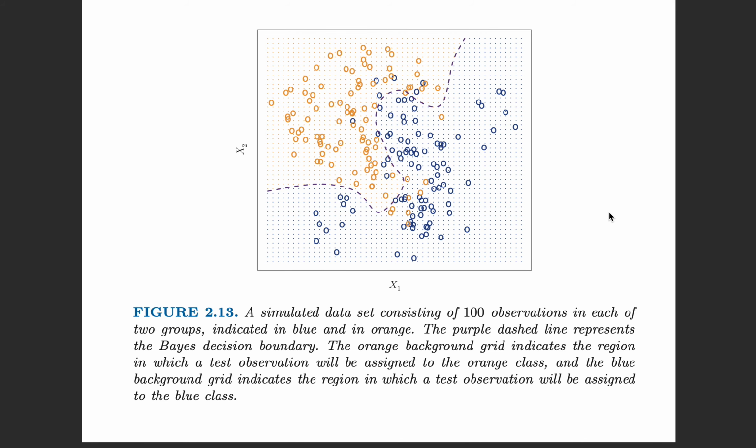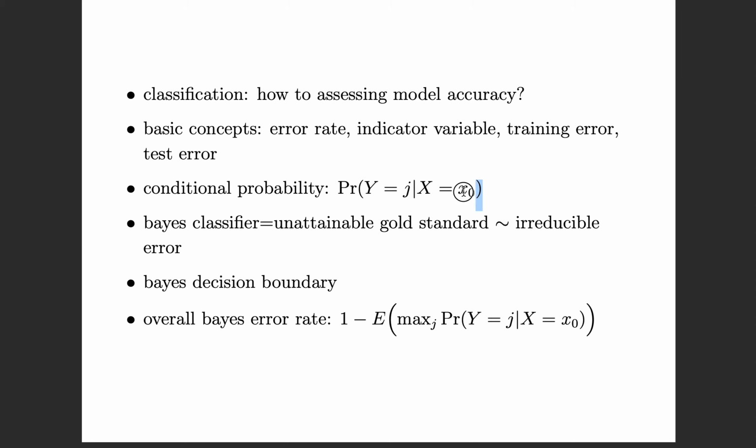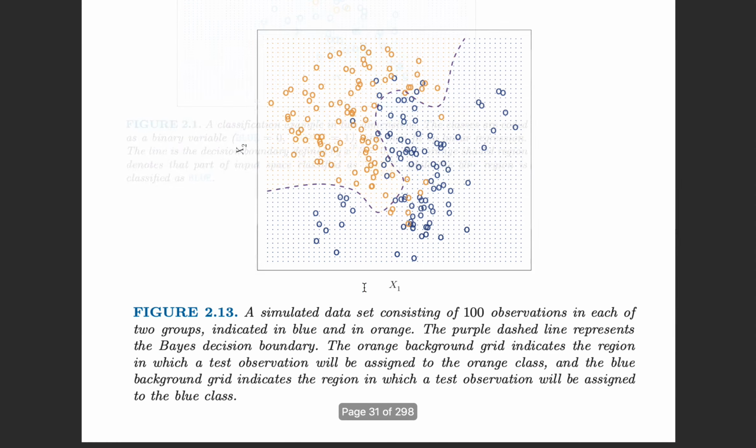Because it's a simulation, a toy example, we know what this conditional probability is, and therefore we can compute the Bayes decision boundary, which essentially says that if you're on this side of the boundary, the probability is less than 0.5. If you're on the other side, it's greater than 0.5.